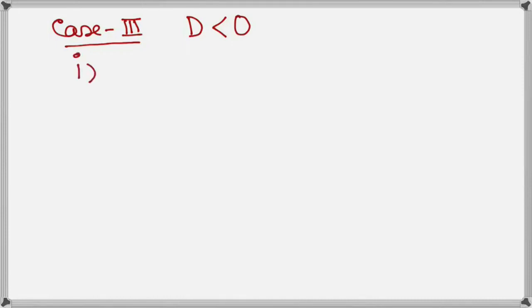Now we move on to the last case, which is the discriminant D strictly less than 0. We take our first subcase here to be b strictly less than 0 and c strictly bigger than 0.